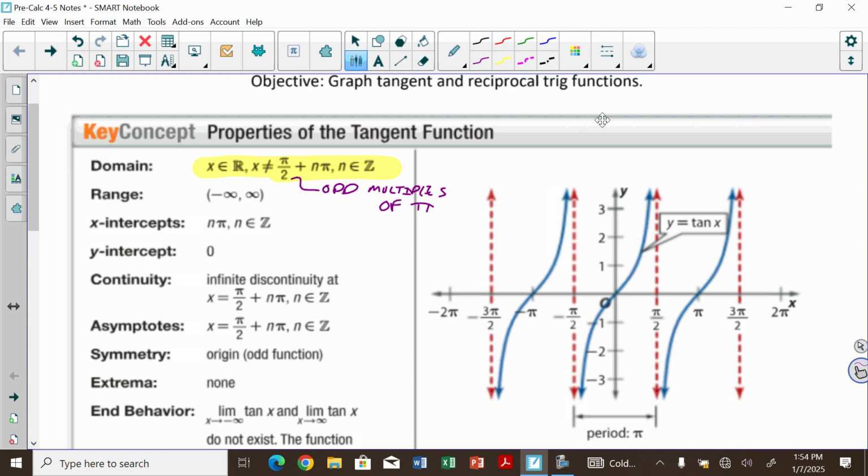The range is all reals as well, negative infinity to positive infinity.